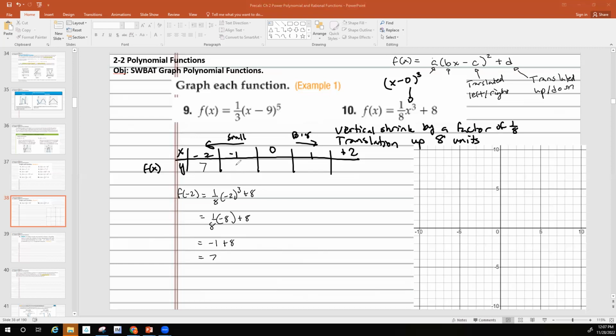And if we plug in the rest, it's going to give us 7.875. You can do 7.9, that's fine. And if you plug in 0, you get 8. 8.13. If you plug in 2, you get 9.